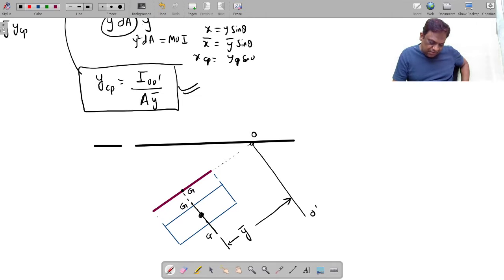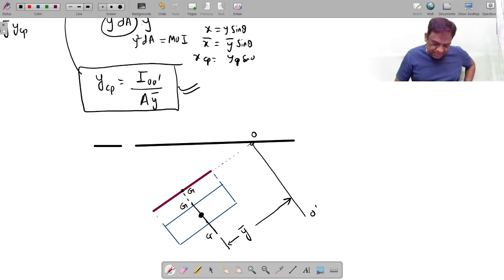Because this is the center of gravity. If that is x bar, this will be y bar. Okay, no problem at all.